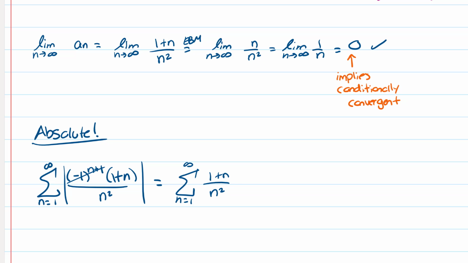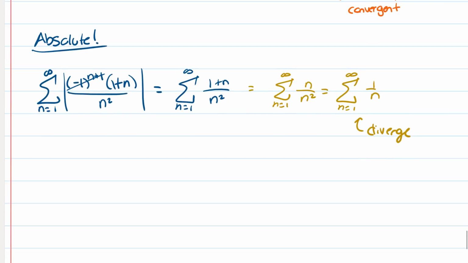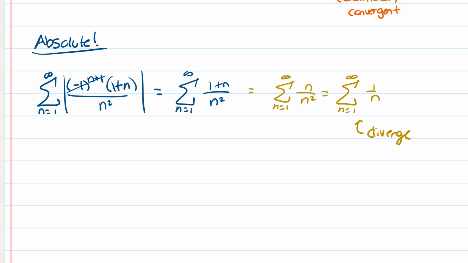Well, I can use a limit comparison test on that. I'm going to compare it to the series from n equals 1 to infinity of n over n squared, which is the series from 1 to infinity of 1 over n. And I know that this is going to diverge. So I'm going to go ahead and use the limit comparison test to find out if this diverges.